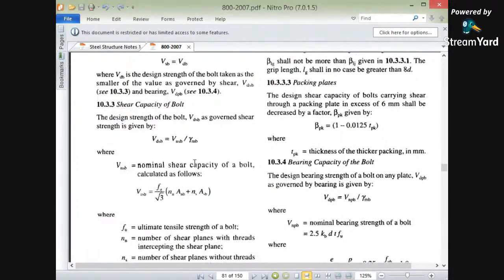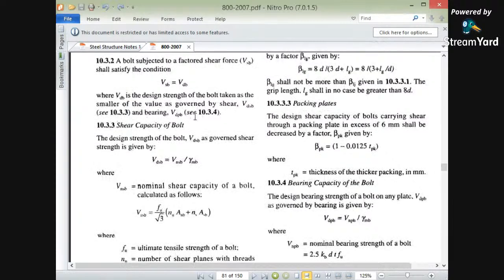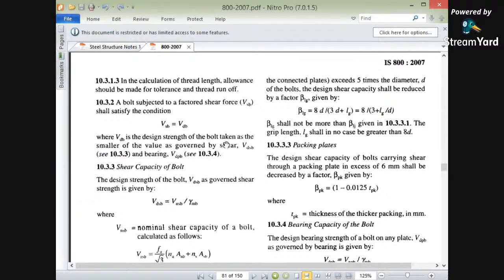Here I am having the IS code, that is IS 800:2007. In order to find out the design strength of bolt, first we have to find this V suffix DB. VDB is nothing but the design strength of bolt, taken as the smaller of the values as governed by the shear, that is VDSB, and the bearing, that is VDPB.